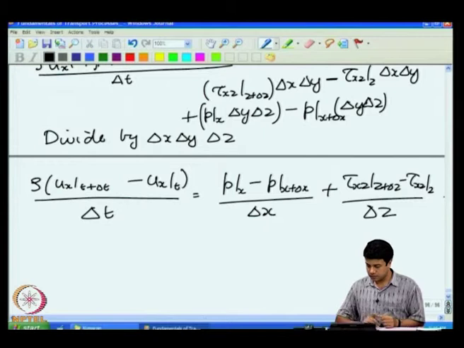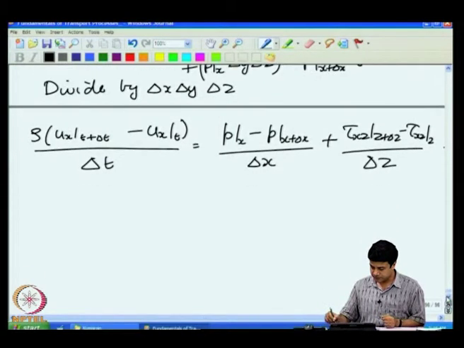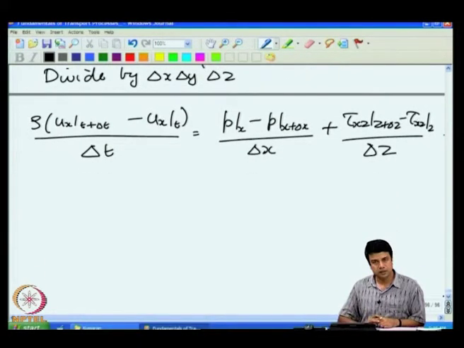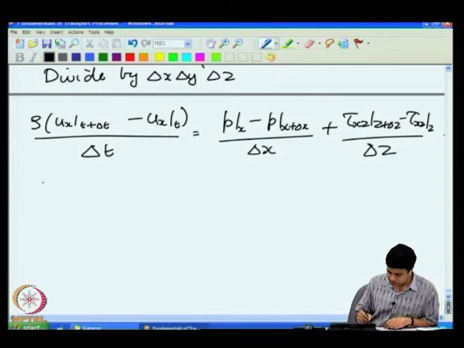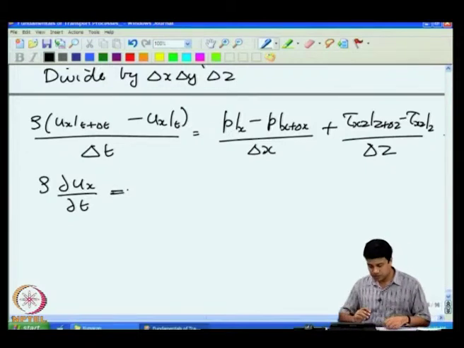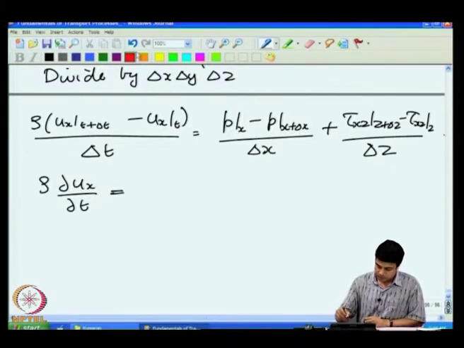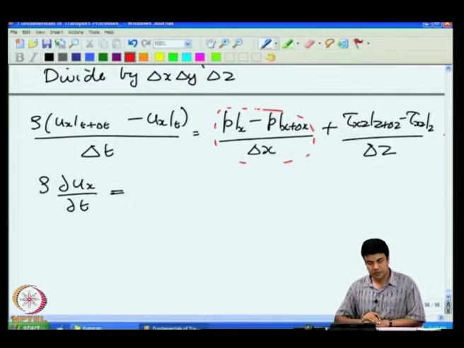So, that is now my momentum balance equation, and taking the limit delta x, delta y, delta z and delta t going to 0, the balance equation becomes rho times dux by dt is equal to, the second term here is p at x plus delta x minus p at x.